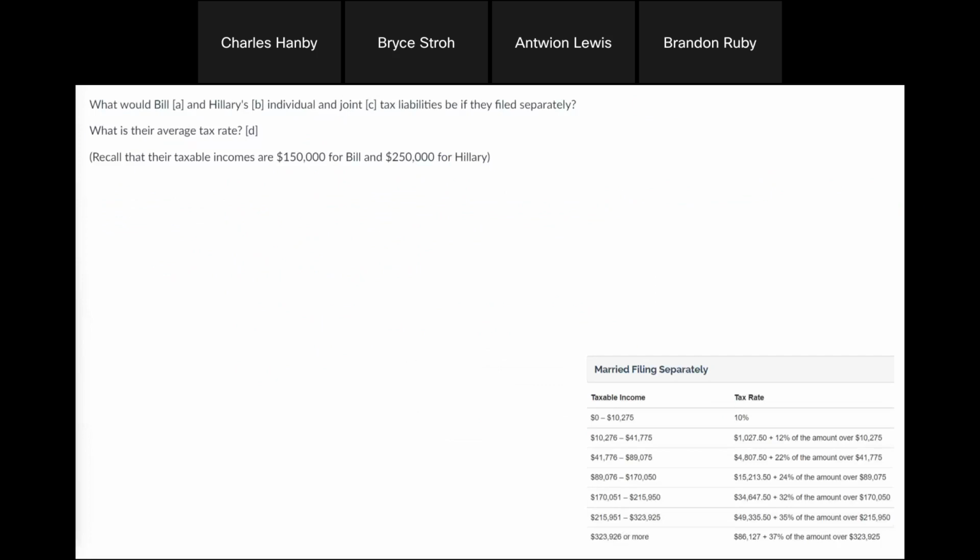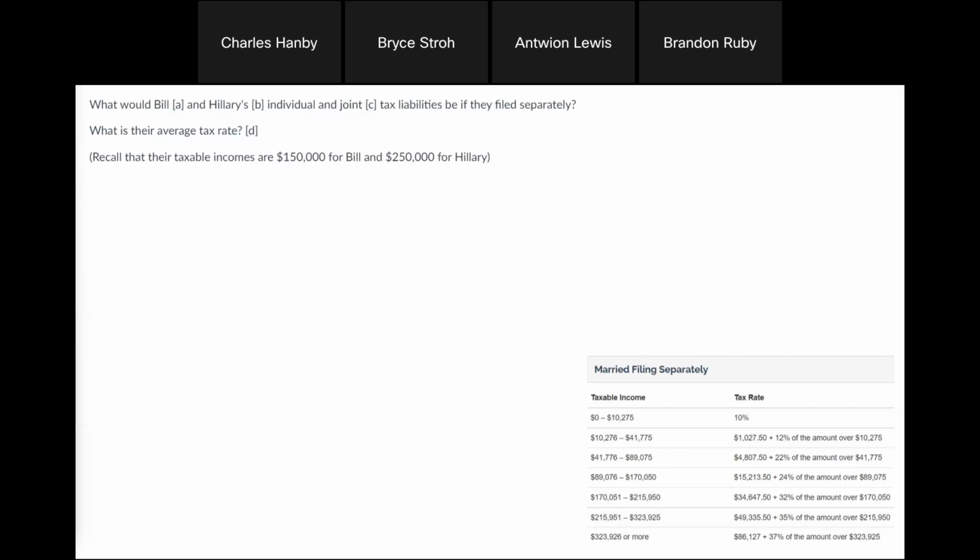Yeah. So again, Bill and Hillary, same problem. So they're individual and joint tax liabilities. And if they file separately, we go to the married filing separately schedule. Married filing separately is generally for couples that are separated.